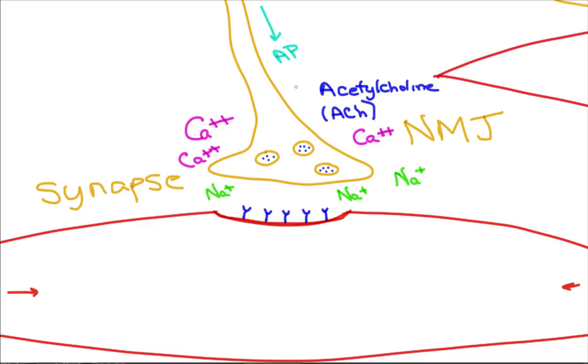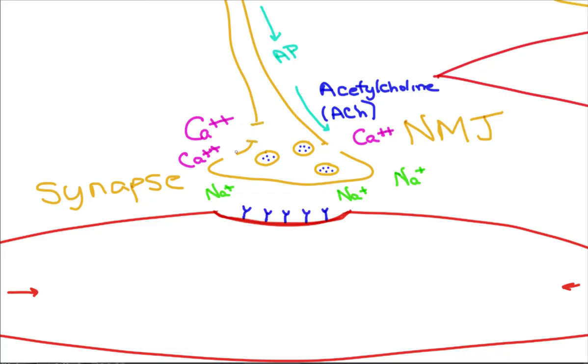As the action potential arrives at the terminal end, it's going to trigger some changes in the plasma membrane of the terminal end. Remember, this is all plasma membranes. And so when that electrical signal comes, it's actually going to open special gates in the plasma membrane that are specialized for calcium.